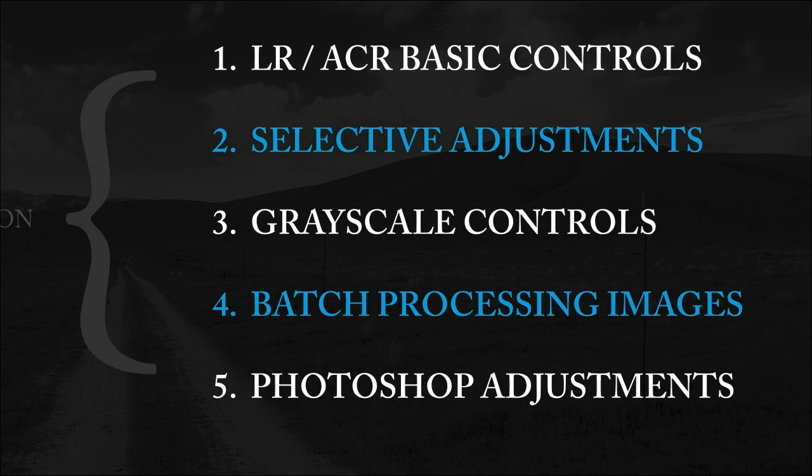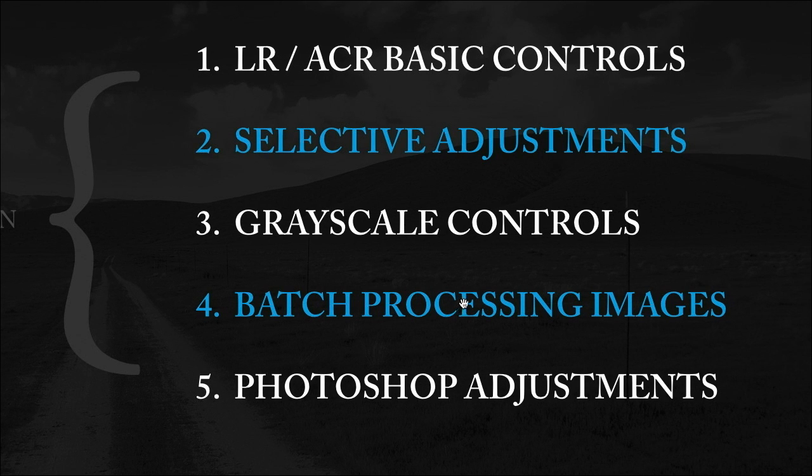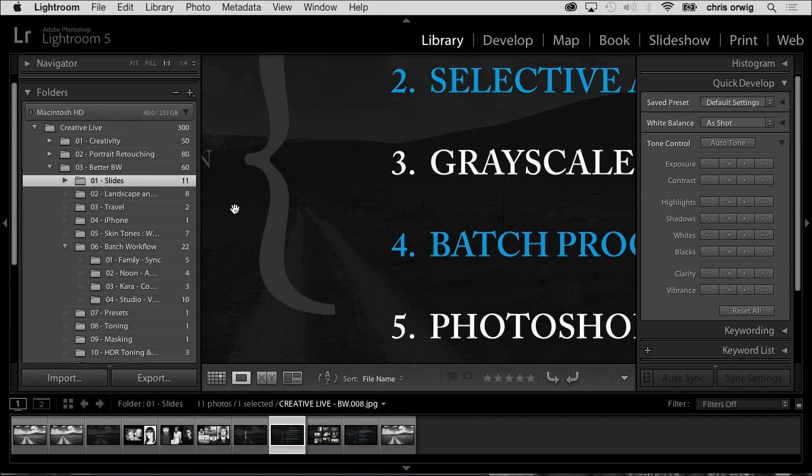We talked about selective adjustments where we can paint in things or use gradients or radials, which is really important to brighten or darken different areas, whether it's fixing shadows under eyes or who knows what. The grayscale controls where we darken sky or brighten skin. Batch processing, where we have a little more speed with the stuff we're doing. And then finally looking at how we can use Photoshop, either Camera Raw or some kind of special effects like HDR toning.